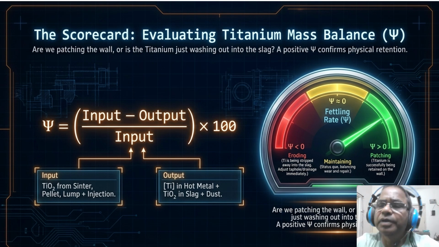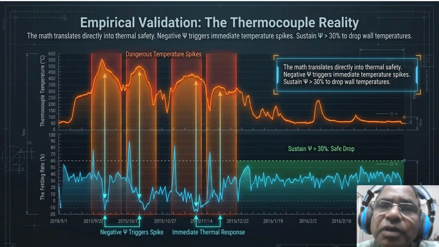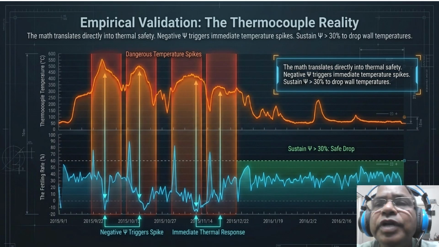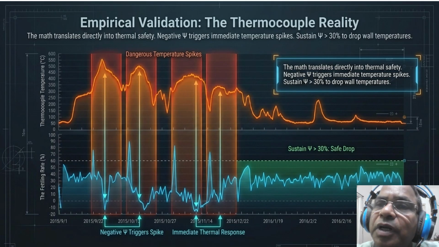Now coming to our next slide on the empirical validation. As you can see, this slide shows the undeniable link between the math and the safety. These are your hearth thermocouples over a 6-month period. This is the fettling rate. Notice the red vertical bar.